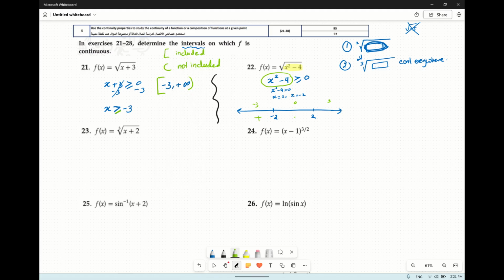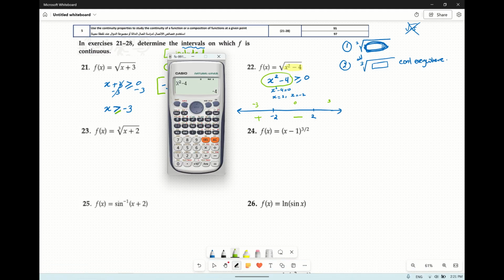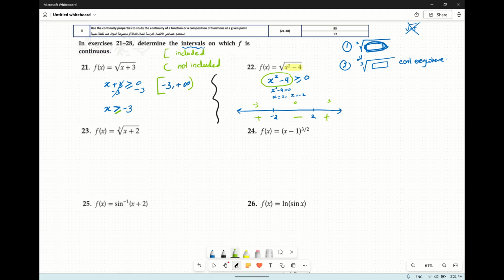So here I got positive, here I got negative. Now I do the last one. I click calculate and I put 3. What did I get? A positive answer. So where is this going to be positive? Here and here. So this means between minus 2 and 2, the function is not continuous.